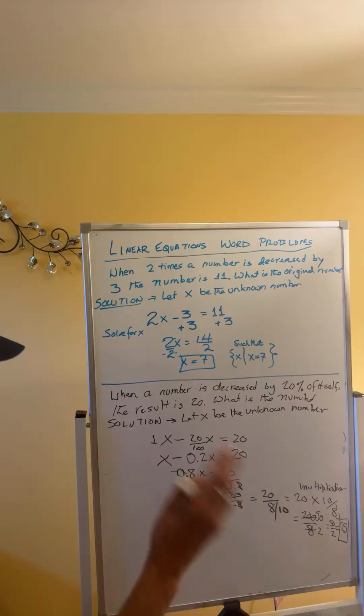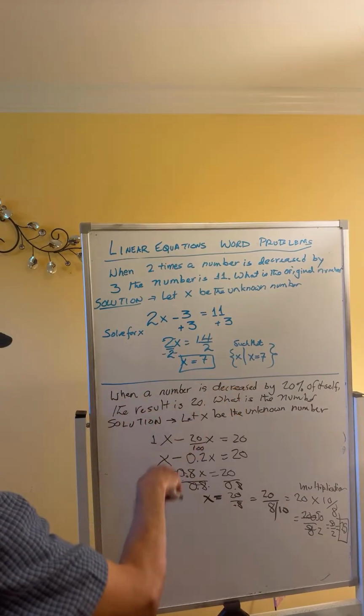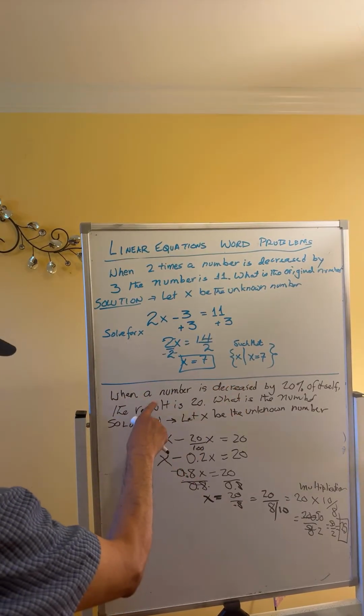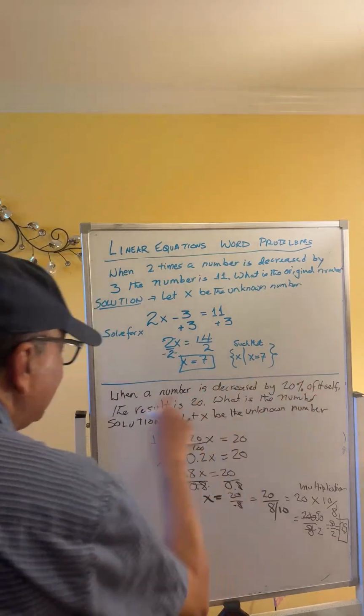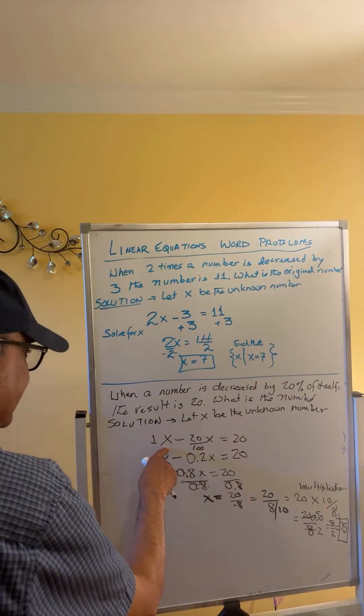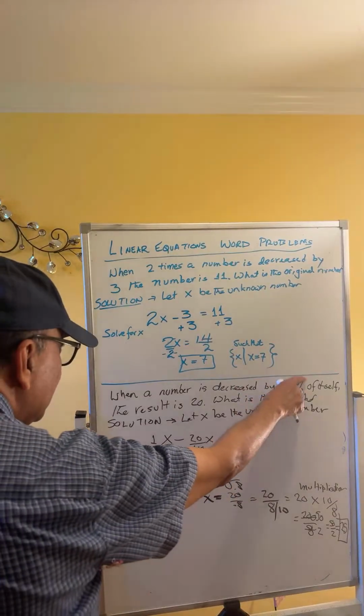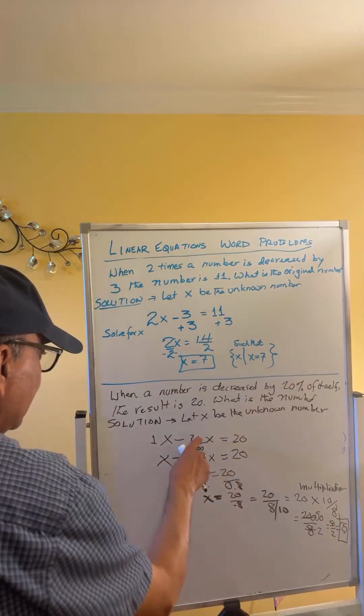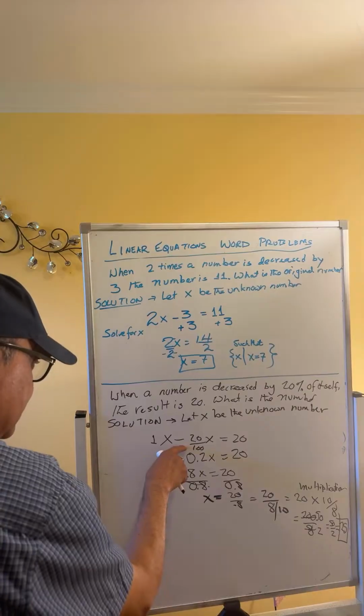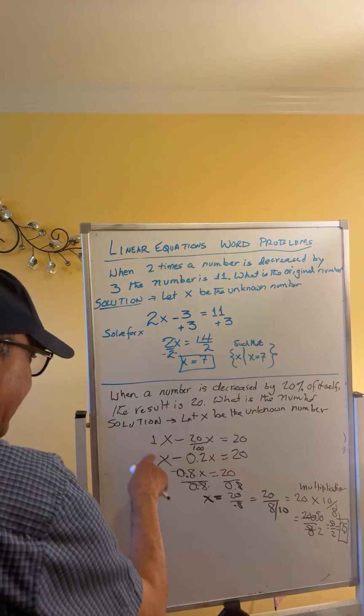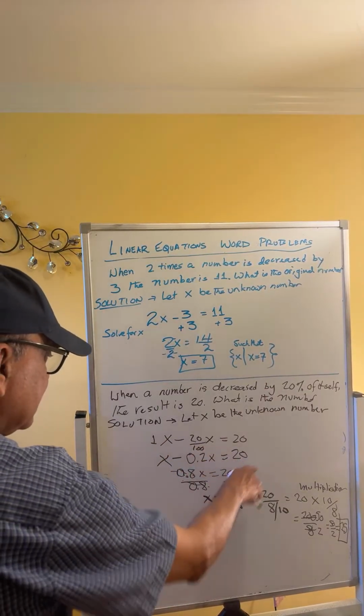Again, what did I do? Just to repeat, when a number is decreased by 20% of itself, the result is 20. So 1x, 20%, as you know, per cent means per 100, 20 divided by 100, reduced by means subtracted. So x minus 0.2x is 20.